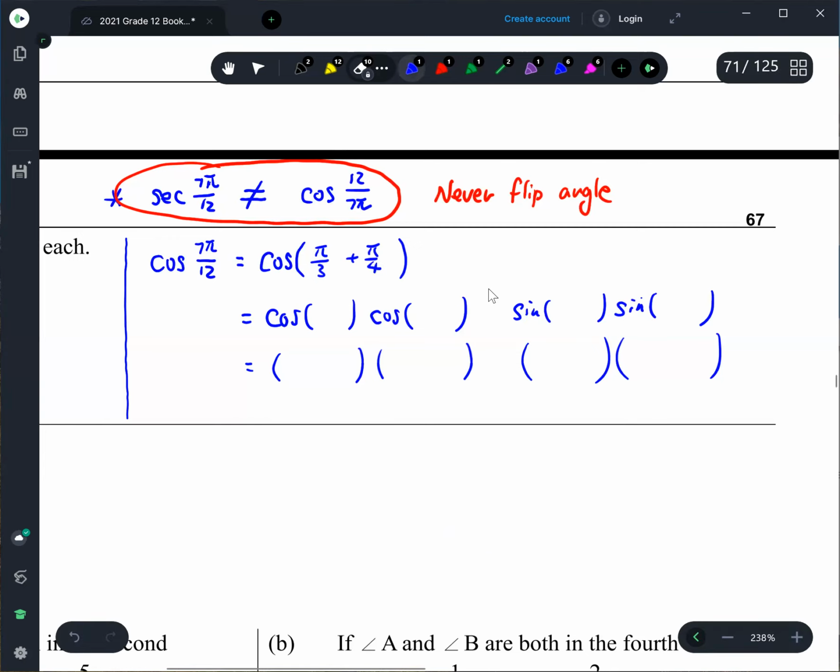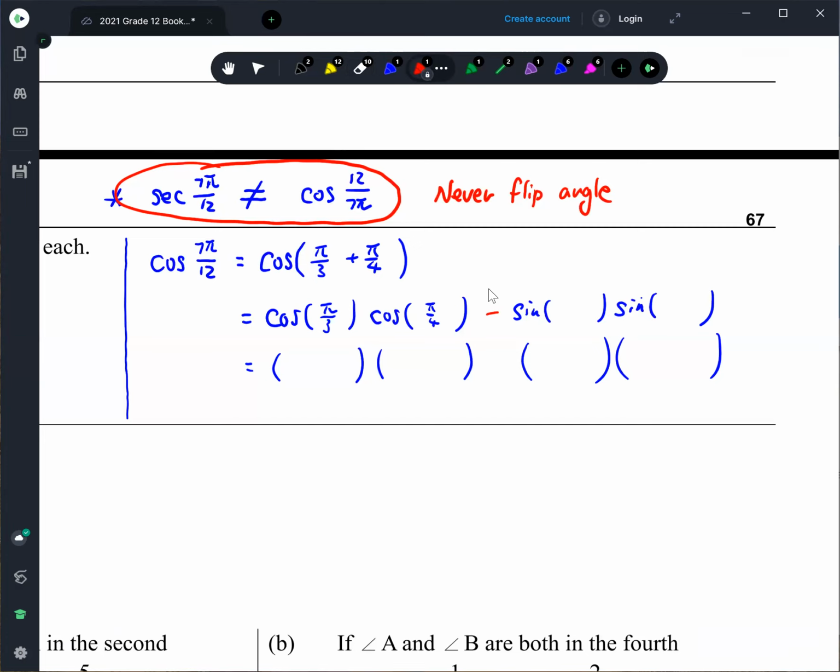So cosine sum and difference, we have our A and B, over 4. Adding, because, sorry, should be change. Okay, see, very easy to make a mistake. Co, change sign. So if it's sum, we need to subtract.